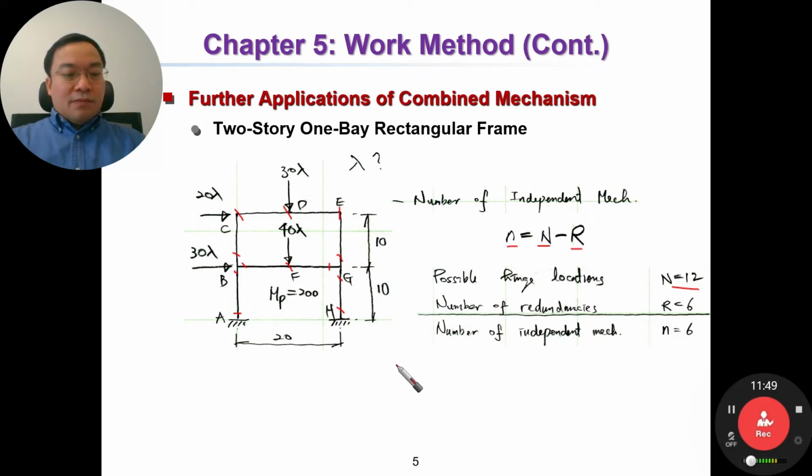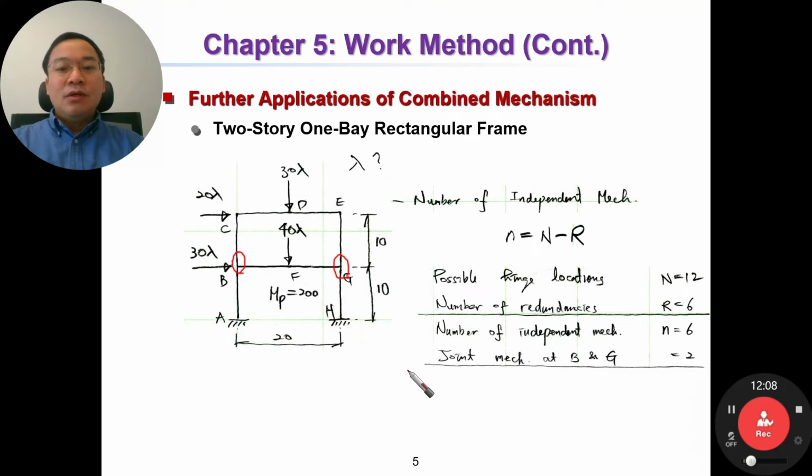Please note that in this structure we have two joint mechanisms, one maybe at B and one maybe at G. So the joint mechanism at B and the joint mechanism at G are 2.